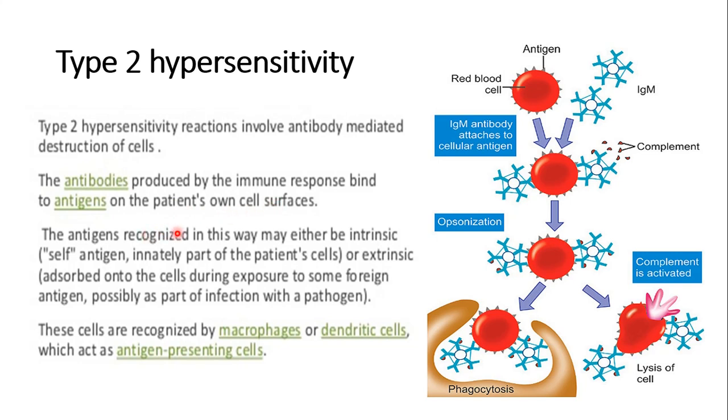So the antigen recognized in this way may either be intrinsic, that is the self-antigen, or extrinsic, adsorbed onto the cells during exposure to some foreign antigen. These cells are recognized by the macrophages or dendritic cells, which then act as the antigen-presenting cells. You can see this process here in this diagram.